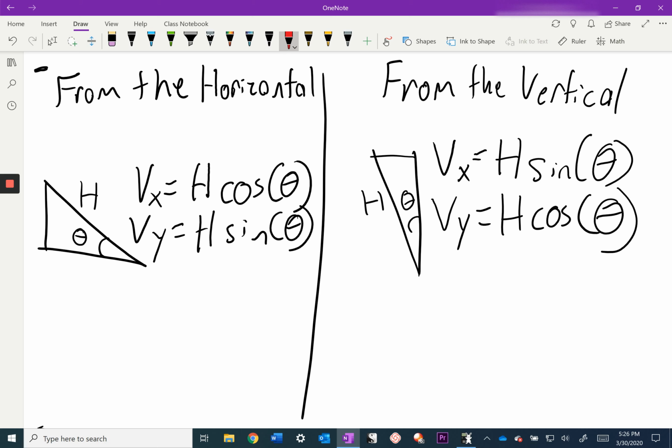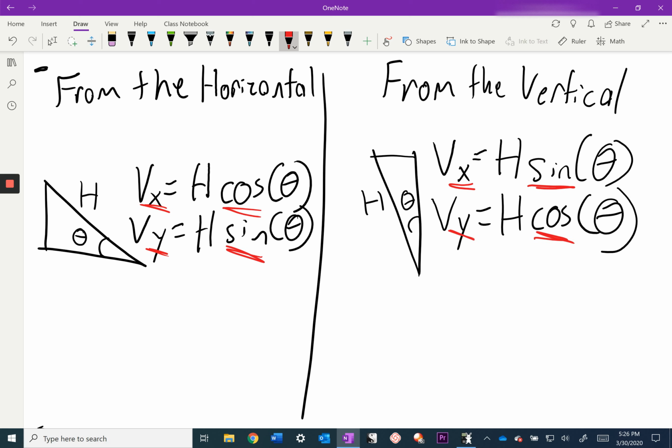Now, if we look at these, they look very similar, but they're kind of opposites. So from the horizontal, x is cosine, but from the vertical, x is sine. From the horizontal, y is sine, and from the vertical, y is cosine.